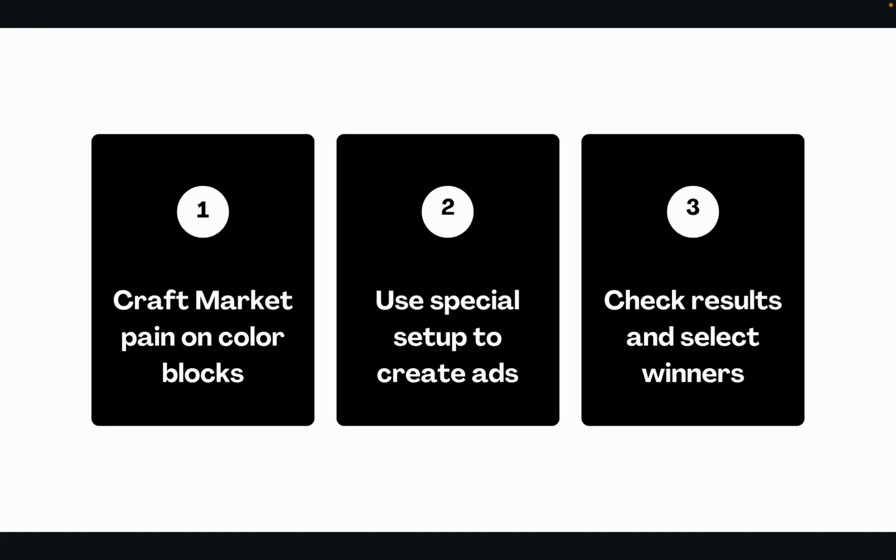So the first thing is that we craft market pain on the color blocks. Typically, in a round of testing, we have 10 to 12 ads on those color blocks, different ideas. And then we're going to use a special setup, which you'll be seeing, to create the ads, different from what you're used to. Then we're going to evaluate the results and use certain metrics to select the winners, the ideas that have won.